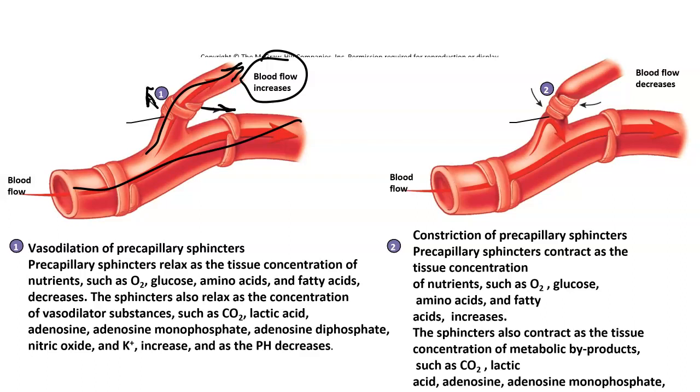The tissue around the capillaries has the characteristics of active tissue, which is going to have a low concentration of nutrients: oxygen, glucose, amino acids, fatty acids, essentially nutrients. At the same time, there will be a high concentration of waste, such as CO2, lactic acid, other acids.